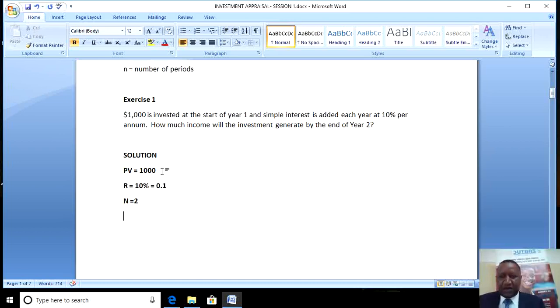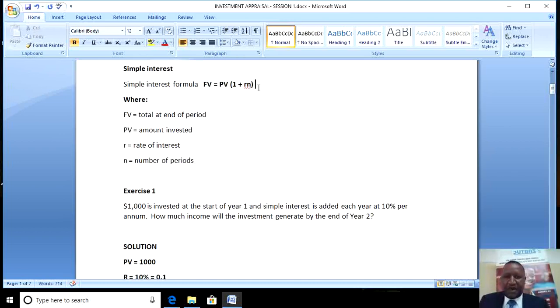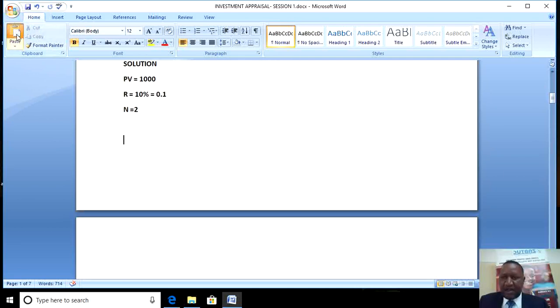So what will be the solution? Copying from the formula, bring down the formula there. You should have future value, or the total sum of money, equals the present value, which is 1,000, multiplied by 1 plus our 0.1 multiplied by 2, close brackets.